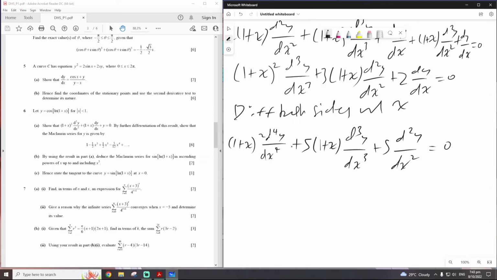Yeah. All right. And then you can go and find the values. In fact, they're already given to you somewhat. You just need to work backwards.